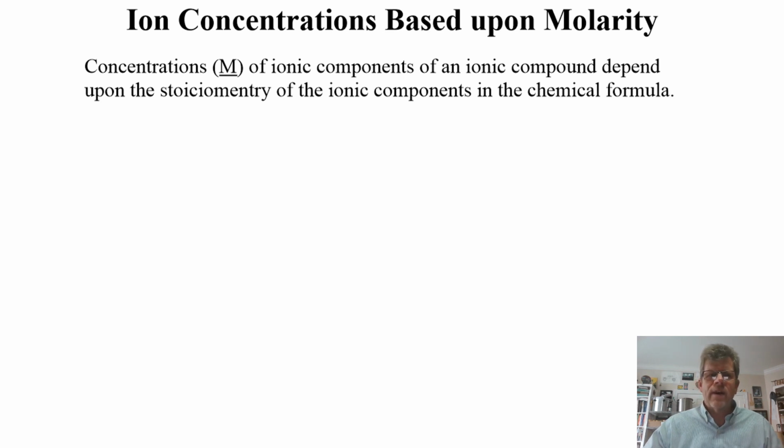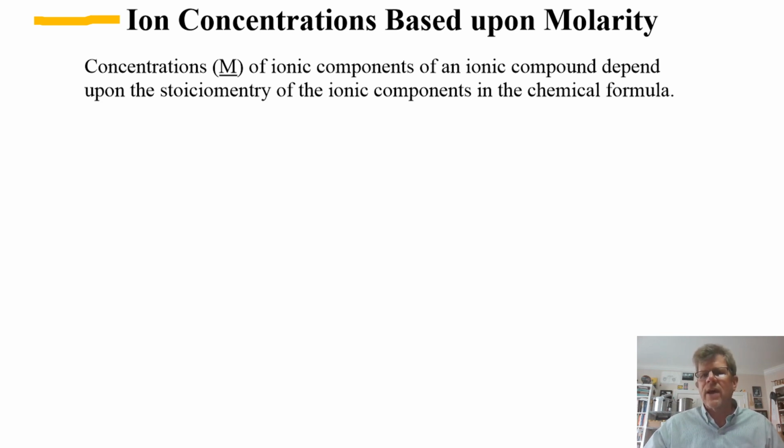And now we're going to look at an example based upon ion concentrations, based upon the molarity, the concentration of an actual solute. So we're talking about dissolved ions, so it would be an ionic solution, an electrolyte solution. It depends.